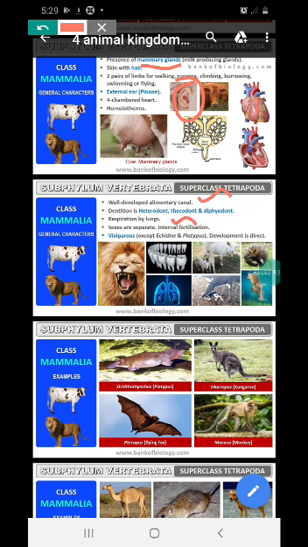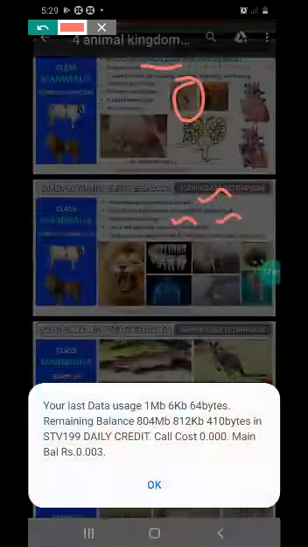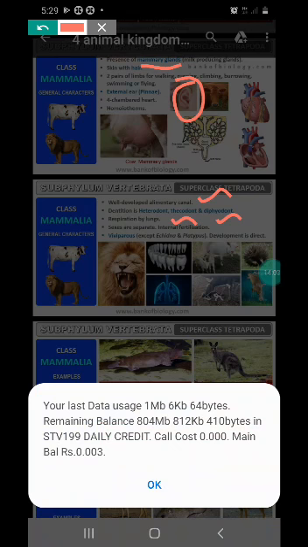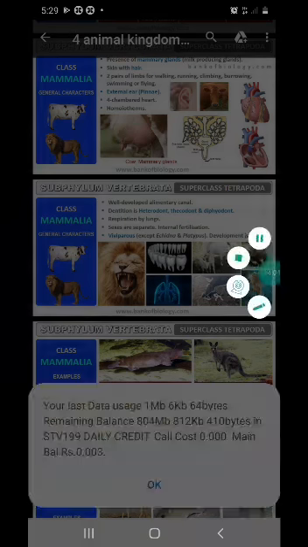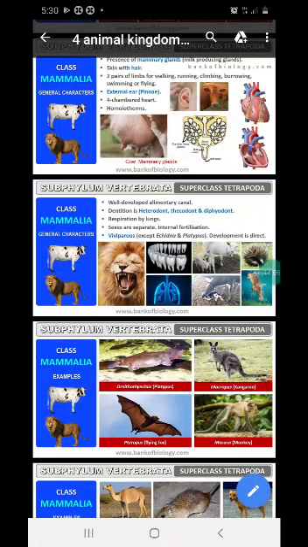And there are separate male and female, the fertilization is internal, and we are viviparous. Which means what? We give birth directly to young ones. So the development is direct.